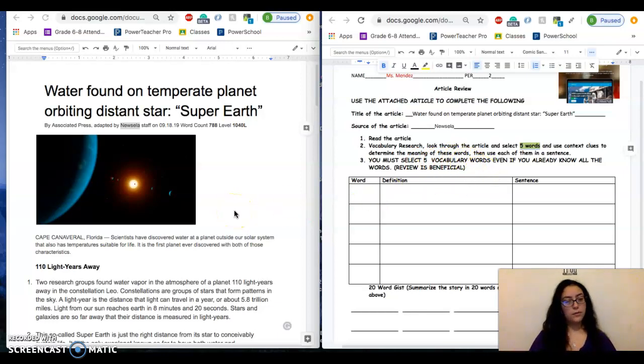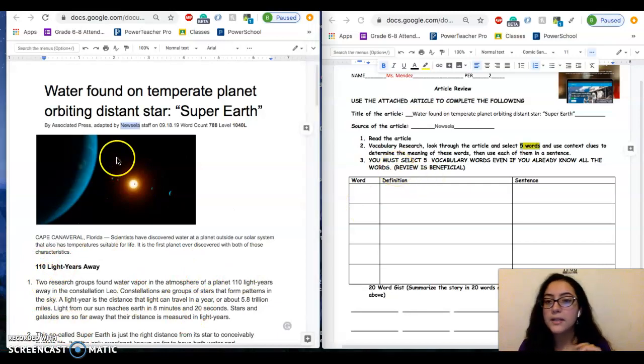So let's say your vocabulary is up here. That's great. But still highlight words that you might not see often, or highlight words that you find interesting. So there shouldn't be an excuse of, oh, I knew everything. That's awesome, but still you have to do some sort of vocabulary. Practice those big words.